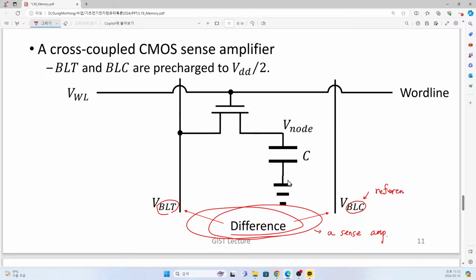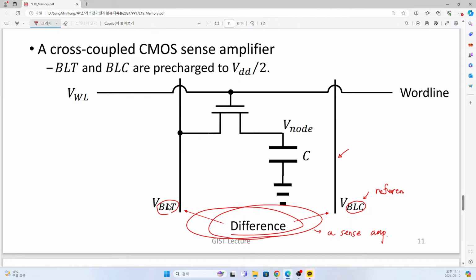So it is not connected to the selected bit. It is just showing the reference value not affected by the storage node information. So by considering the difference between this BLT voltage and BLC voltage, we can detect its value.